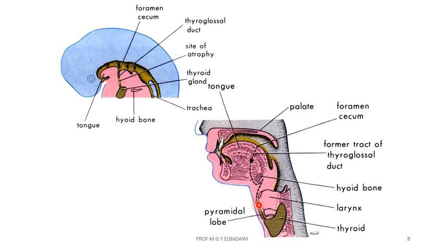That is the fate of the thyroglossal duct. The lower part will form the gland, then the pyramidal lobe and the fibrous band, which is surrounded by the levator glandulae thyroideae; the rest will disappear. That's why the thyroid gland is connected to the hyoid bone by these two structures, the pyramidal lobe and the levator glandulae thyroideae.